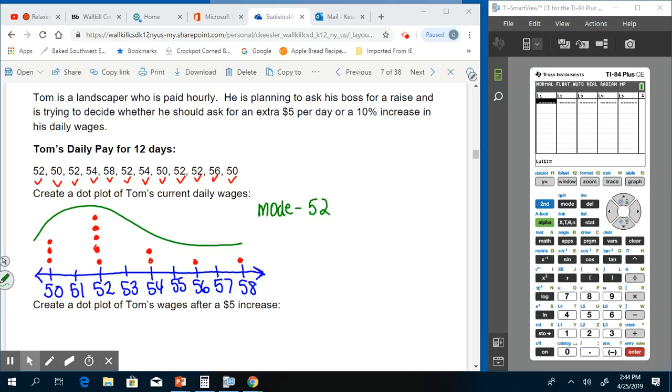And then to calculate the median and the mean and the range, we're going to use our calculator. So we go over to our calculator, we go to Stat, we go to Edit. If your L1 already has numbers in it, go up to L1, hit Clear, and Enter. And then we're going to enter those data set values. So we have 50 three times. Then we have 52 five times.